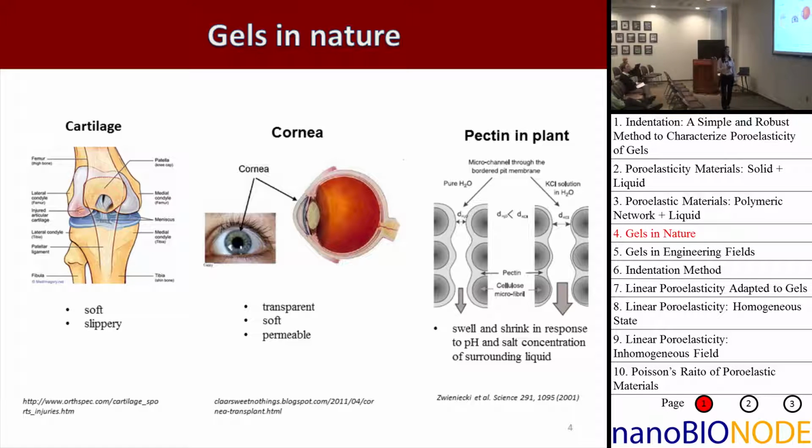Besides animals, plants also use gels. For example, this pectin gel can swell or shrink in response to the pH value or salt concentration of the surrounding liquid. In this way, the plant can regulate hydraulic pressure and flow inside the vessel.